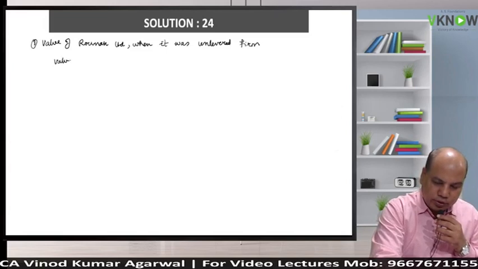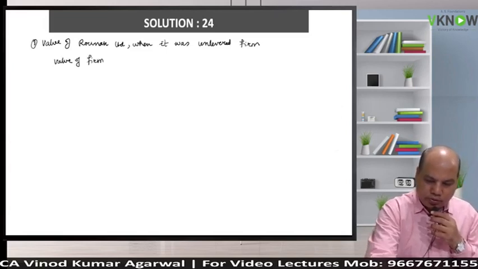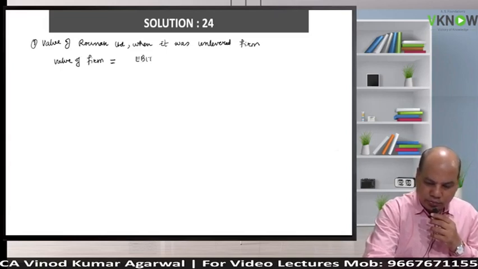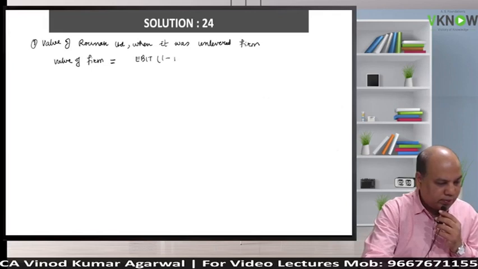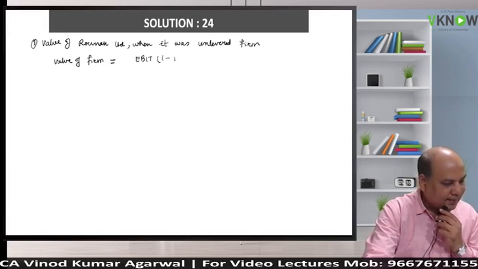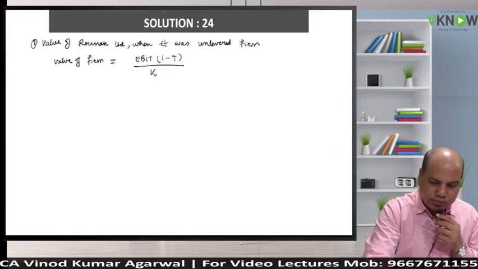So value of the firm is equal to EBIT into 1 minus T upon KO.